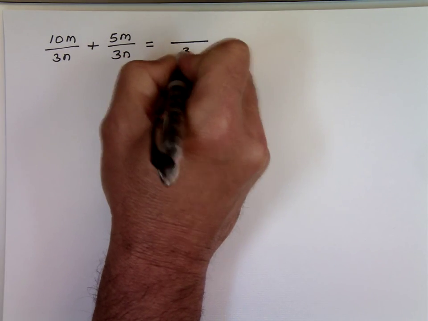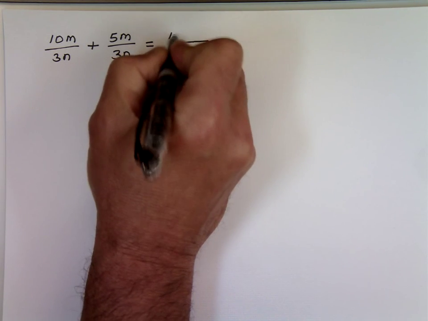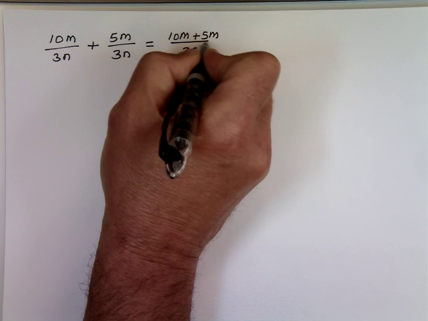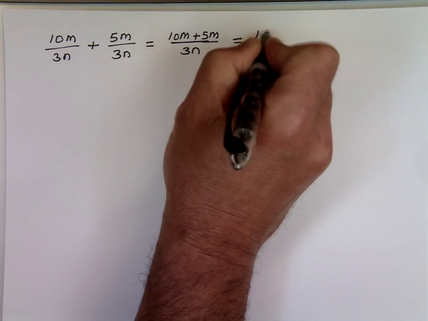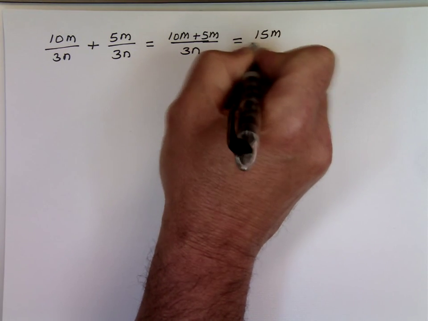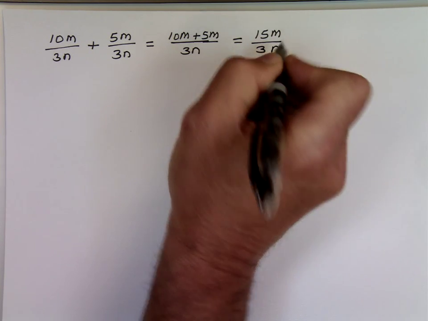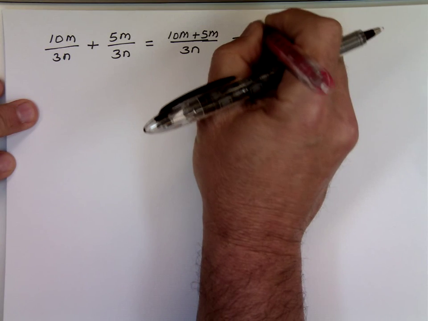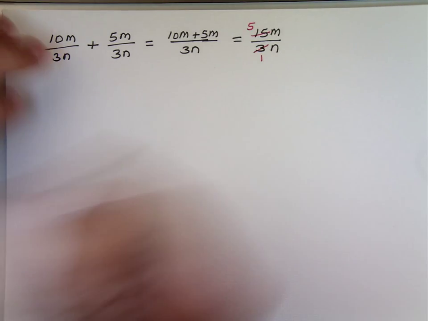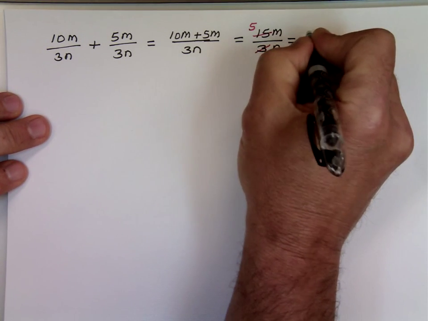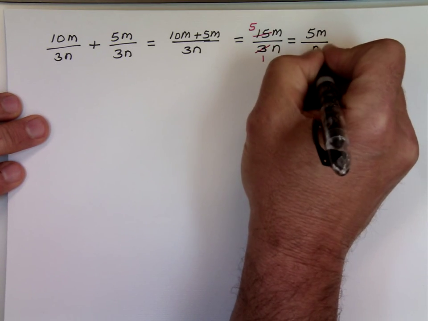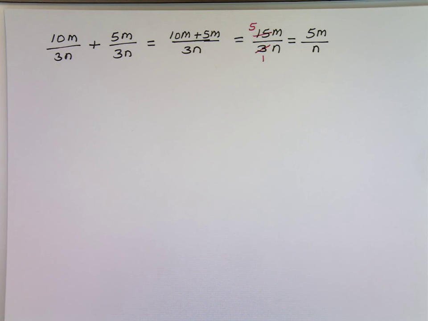This is the 3n. 10m plus 5m, that's 15m over 3n. Again, I can simplify that. By 3, this is 1. By 3, this is 5. And my final answer is 5m over 1n. I don't put the 1 there. It's 5m over n.